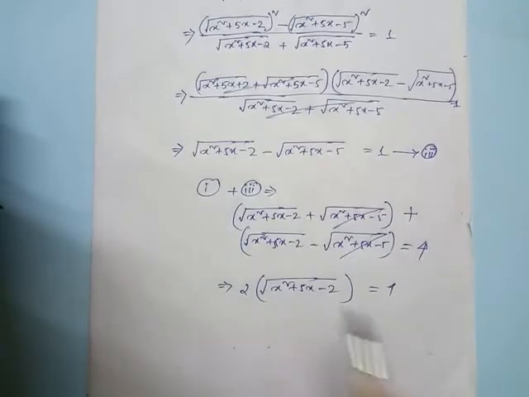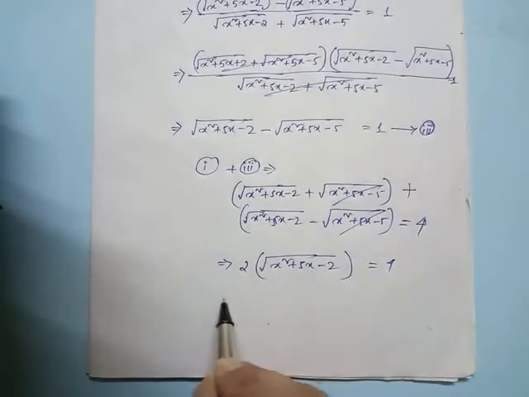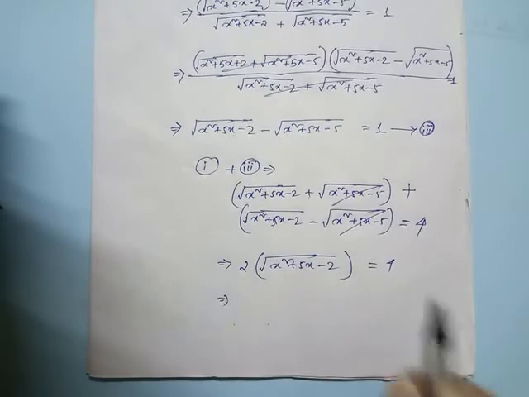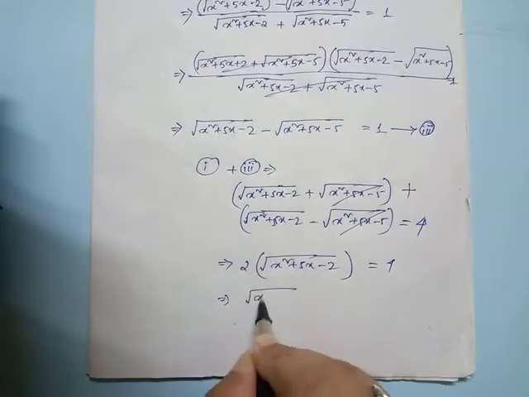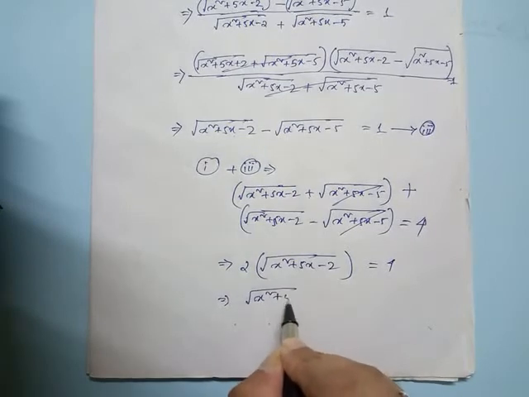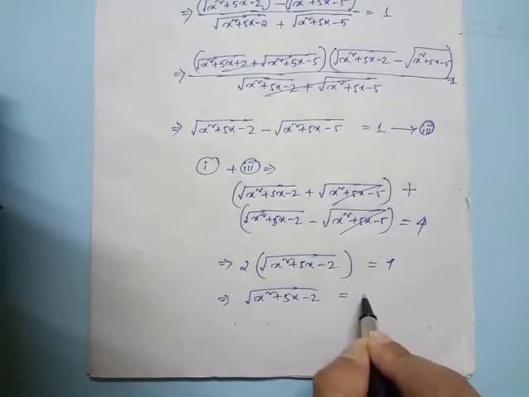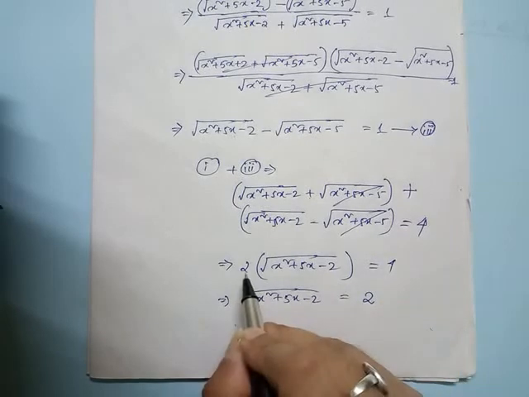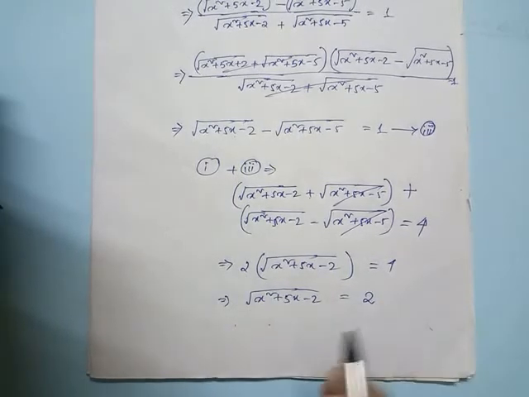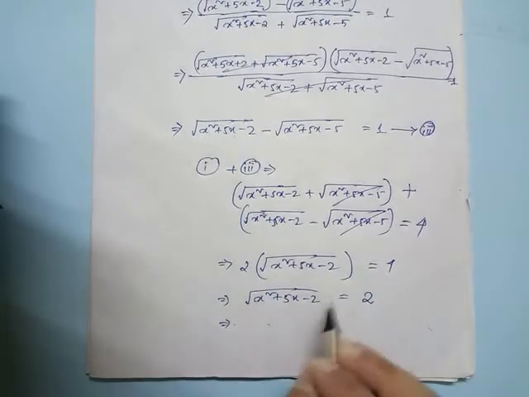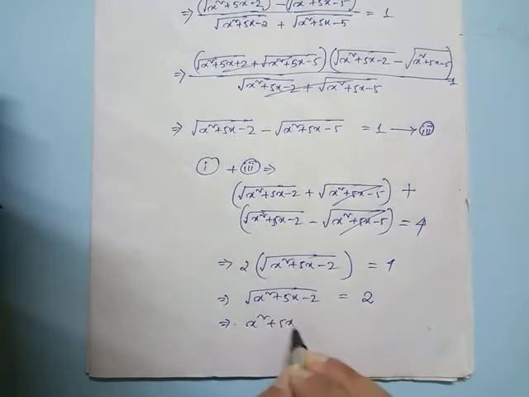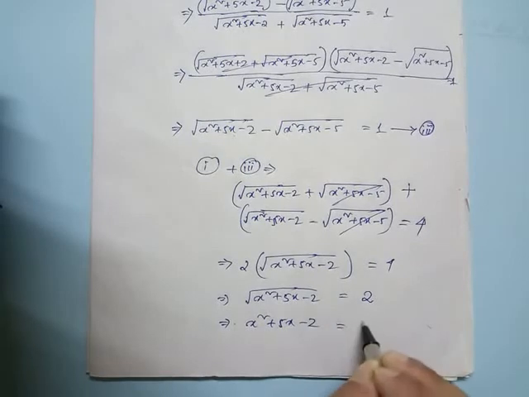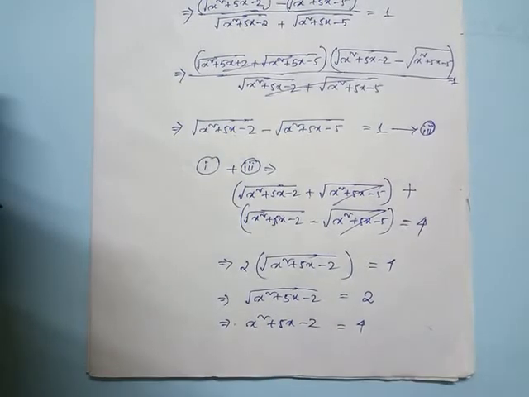And after that student, this 2 will go on that side, multiply, then will go on divide. So the remaining part is root over x square plus 5x minus 2, and here would be 2, because this 4 divided by 2, answer is 2. Now squaring both sides, then x square plus 5x minus 2 and 2 square is 4 after squaring both sides.